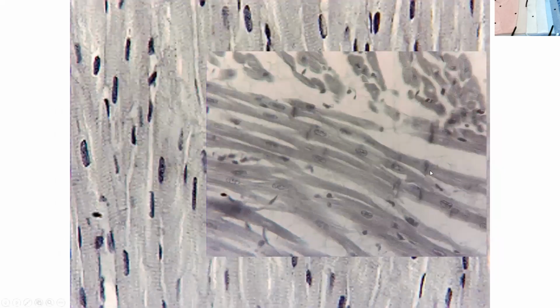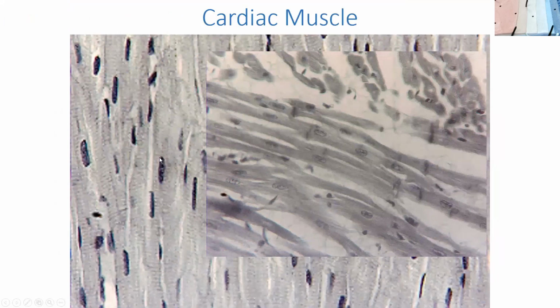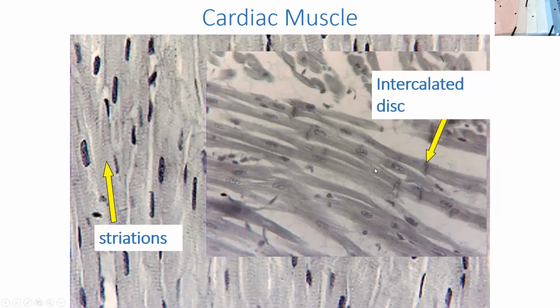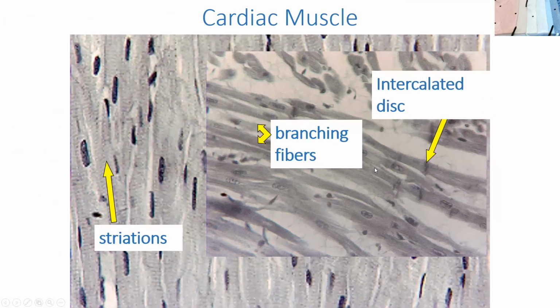Here we see cardiac muscle cells, one nucleus per cell. You can see the intercalated disc, these dark lines here, and you can see how it branches apart. When you look at it there, yes, there are striations. There's an intercalated disc, and there's where it branches. So very distinctive, and only showing up in one place.